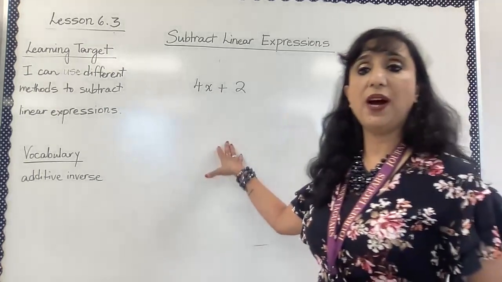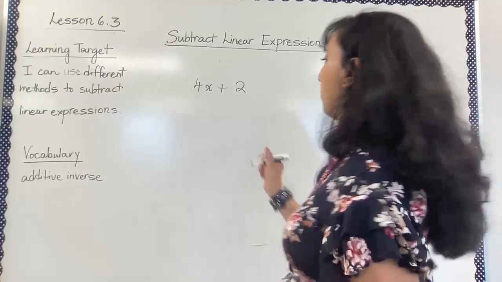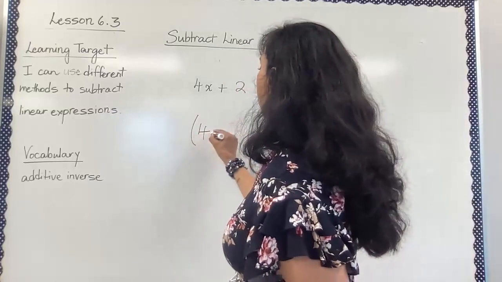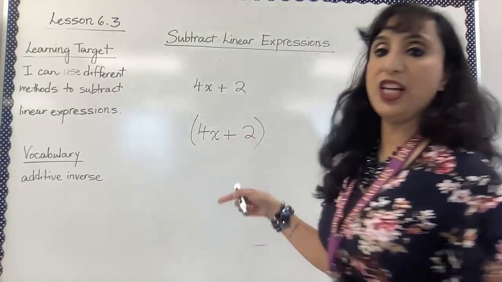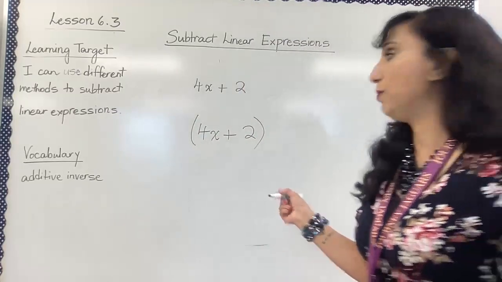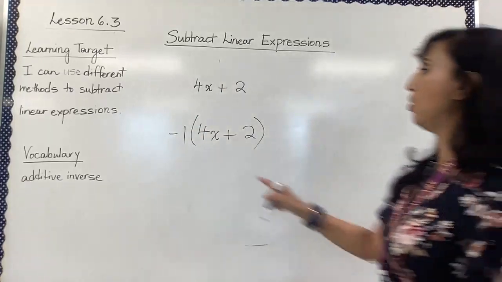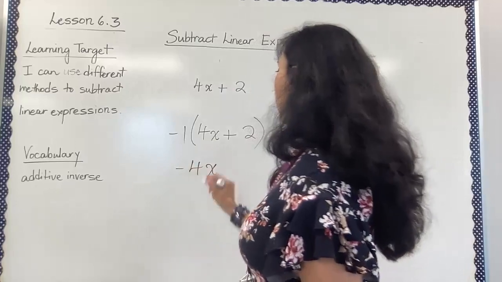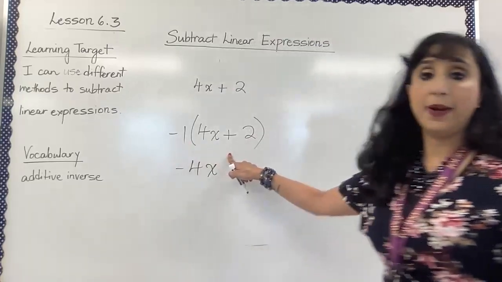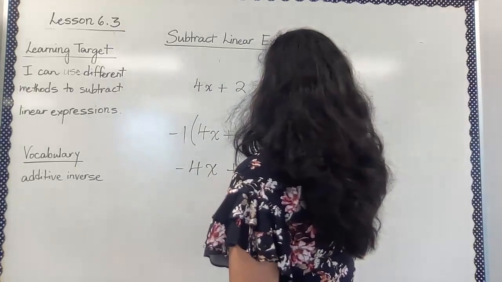All I'm going to do is use the distributive property, multiplying the number outside with each term inside. Negative 1 times 4x gives me negative 4x, and negative 1 times 2 is going to give me plus negative 2.